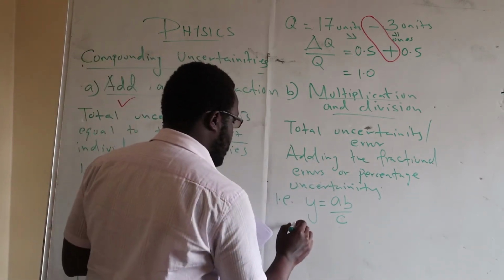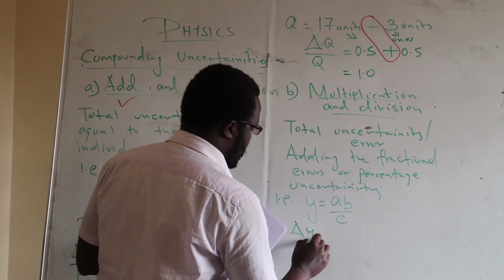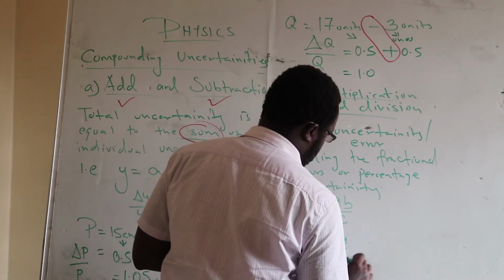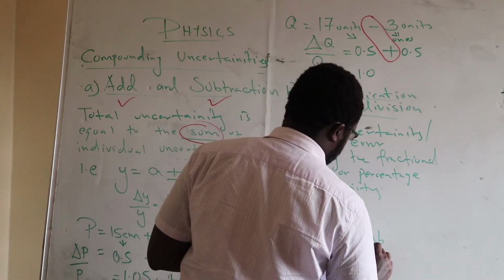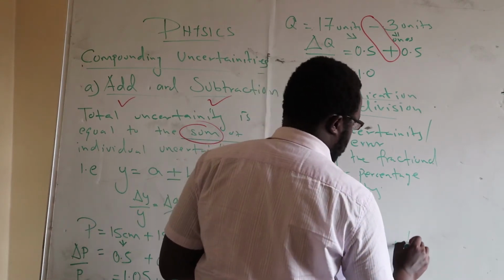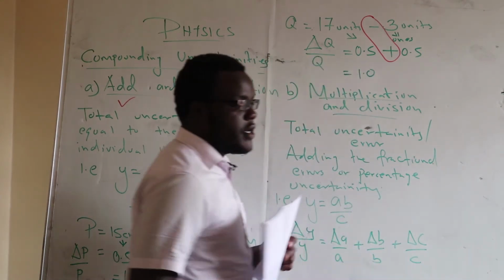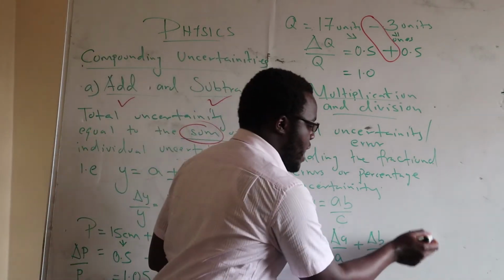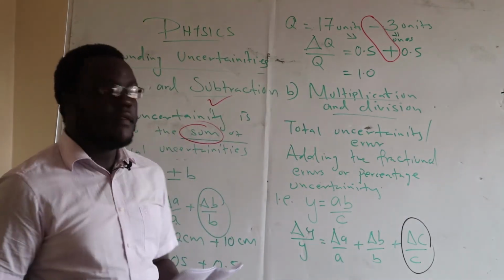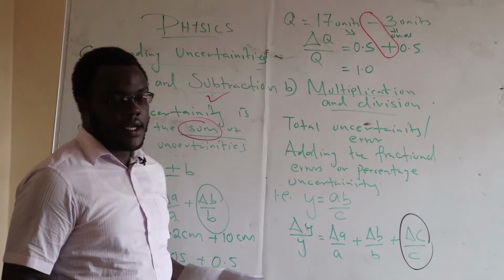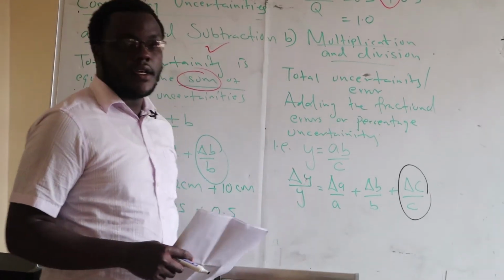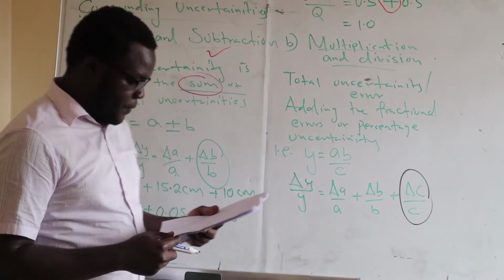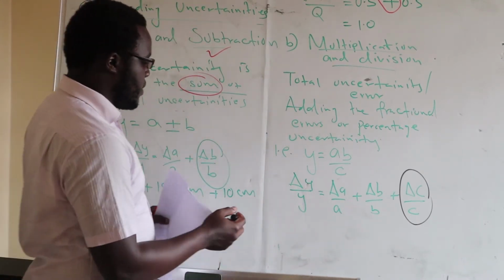Then we can have that the uncertainty of y is the uncertainty of A divided by A, plus the uncertainty of B, plus the uncertainty of C. Remember that for each quantity, we get the uncertainty by dividing the absolute by the actual value. Therefore, the uncertainty of y will be defined as the uncertainty of A added to the uncertainty of B added to the uncertainty of C. Let me give a rough example.